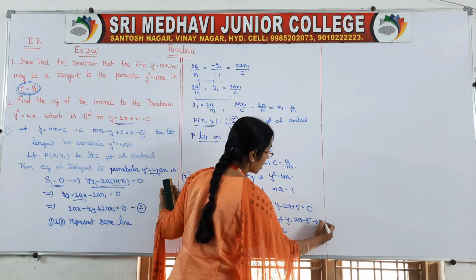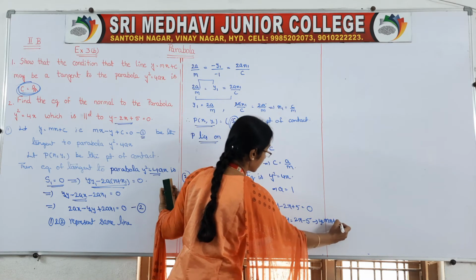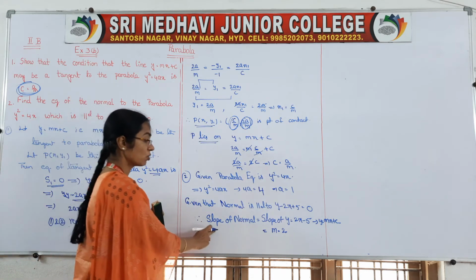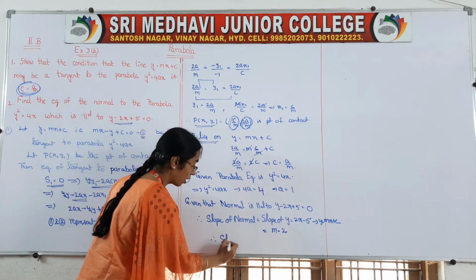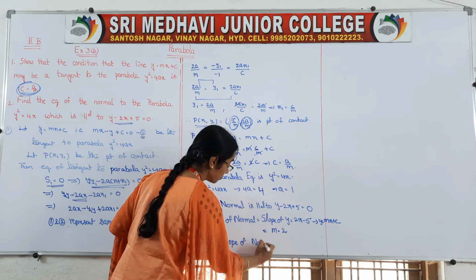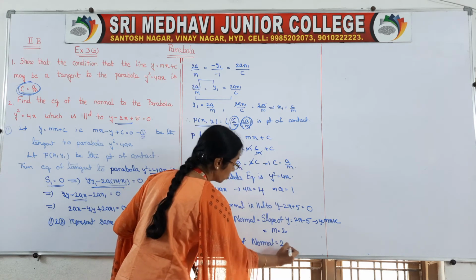Therefore the slope of the normal is equal to 2.